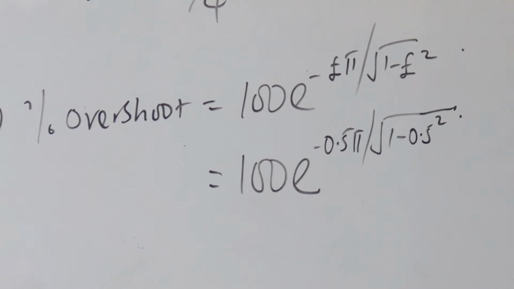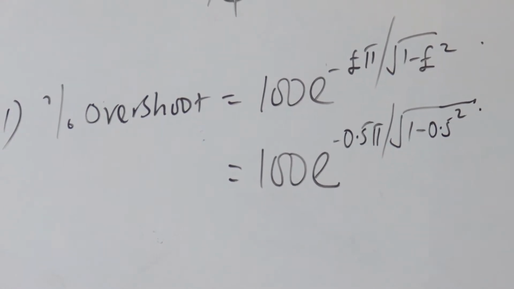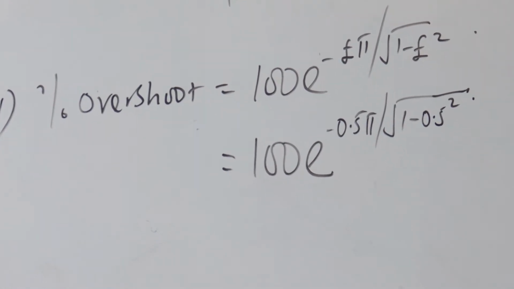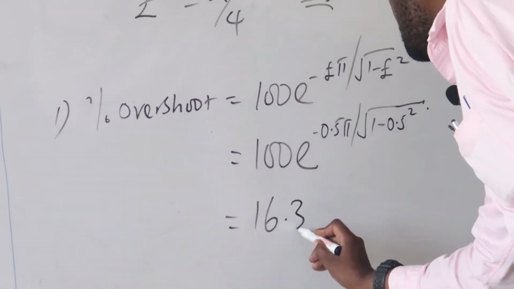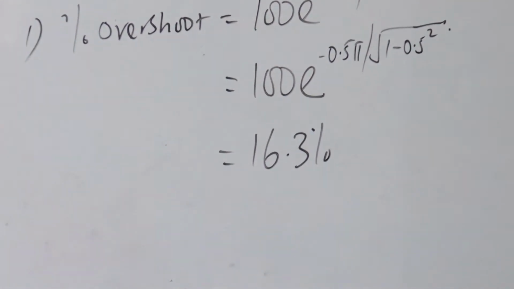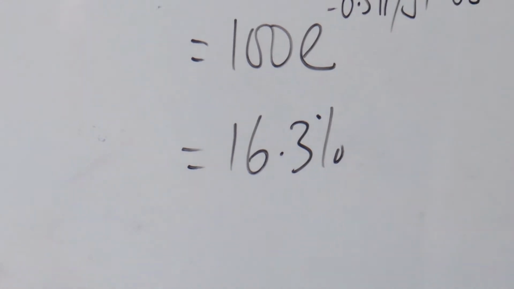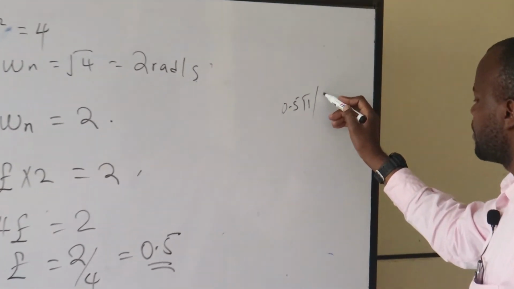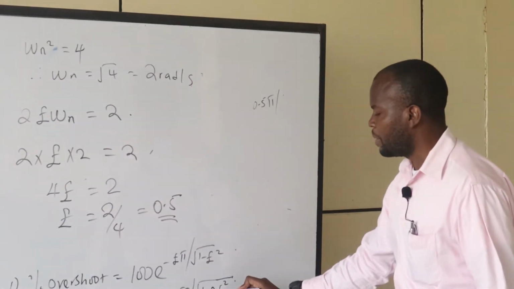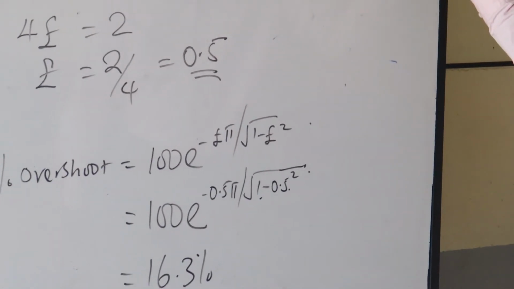If you do it, this is equal to 16.3%. So that is now what we have. We can still reduce that, because it is 0.5 pi divided by root of 0.75, that is 1 minus 0.25, root of 0.75.